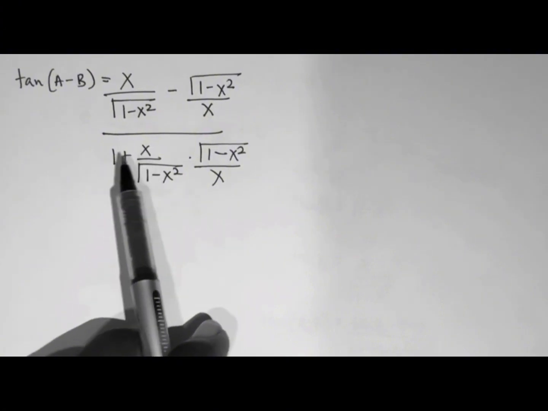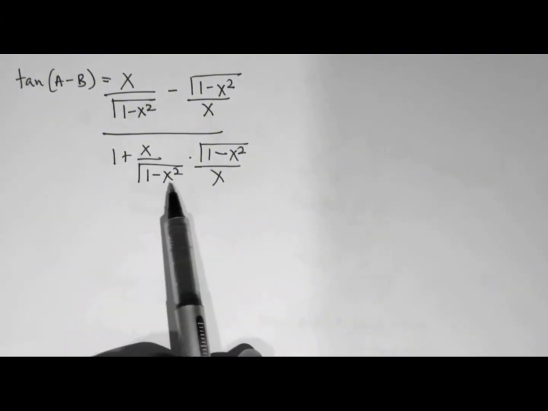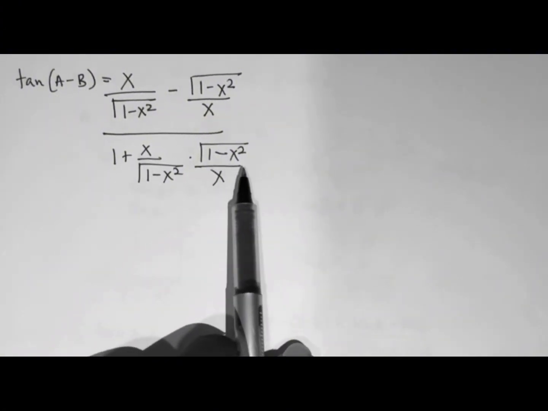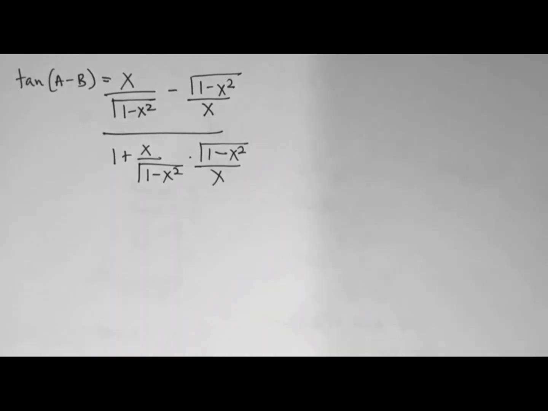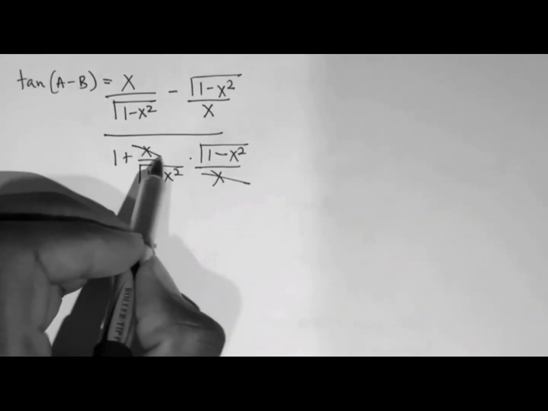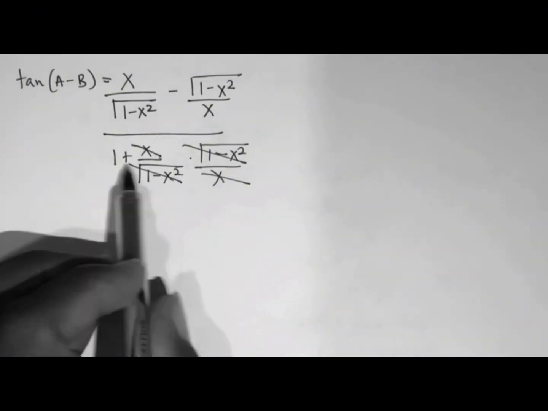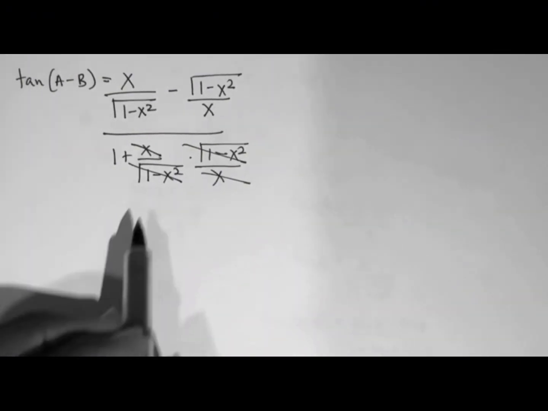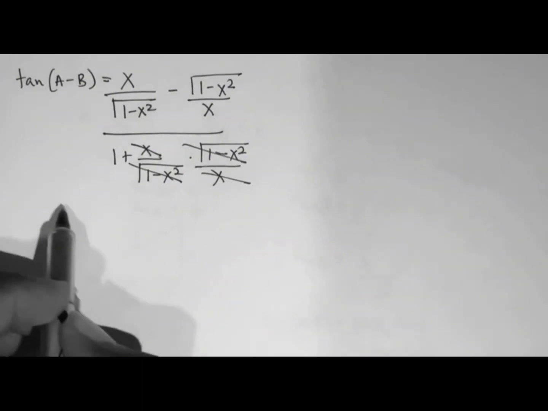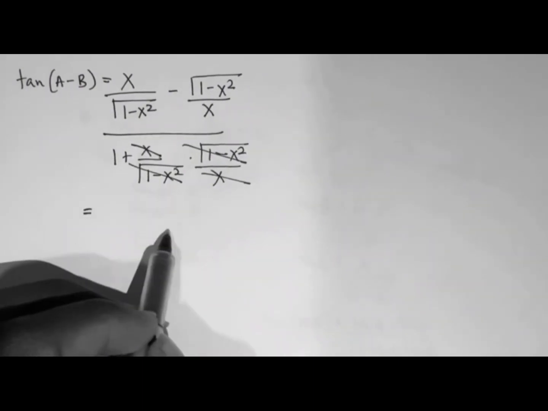If we simplify further, you find out that x and x can cancel, and the square roots can also cancel out. So it's left with 1, and 1 plus 1 is 2. Now we can find the LCM at the numerator.